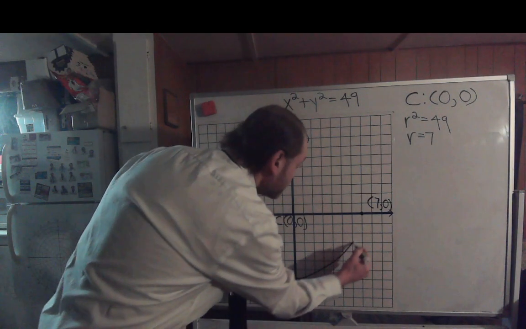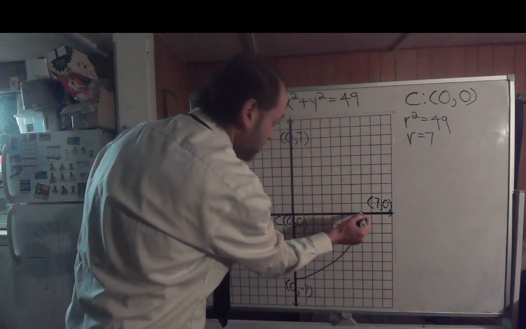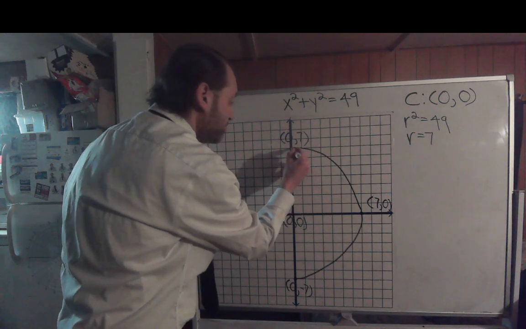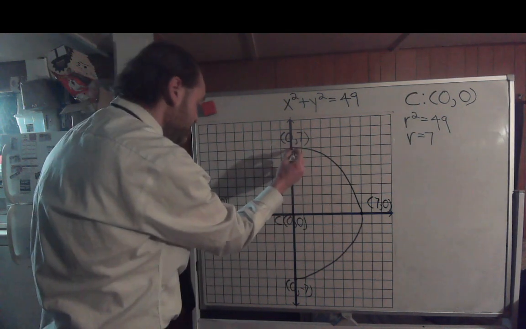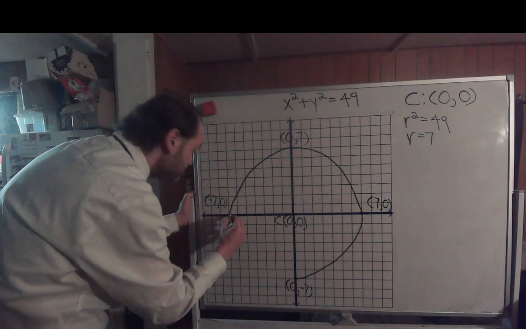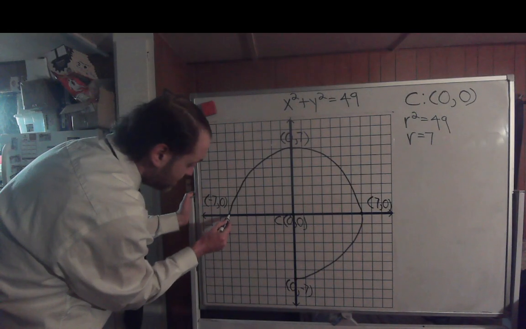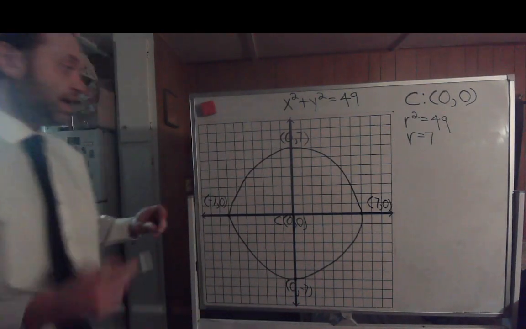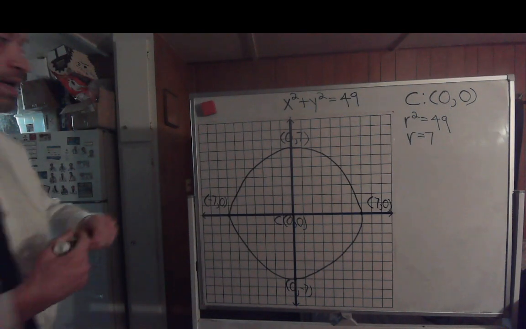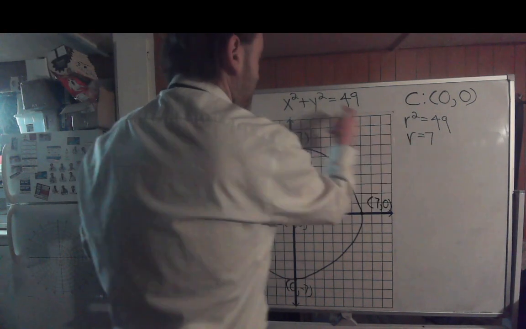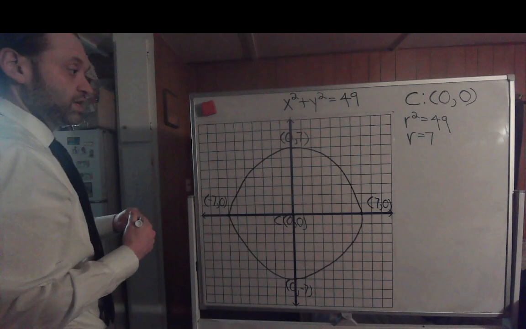Now, to the best of your ability, draw your circle. And I apologize if it's not the best looking circle, because I never was best at drawing freehand. And there is your circle. It has a radius of 7 units and center at the origin.